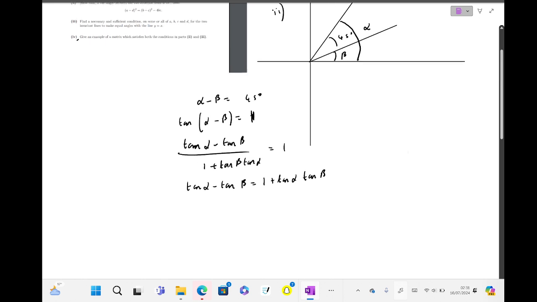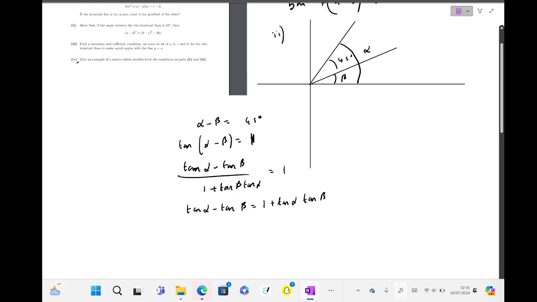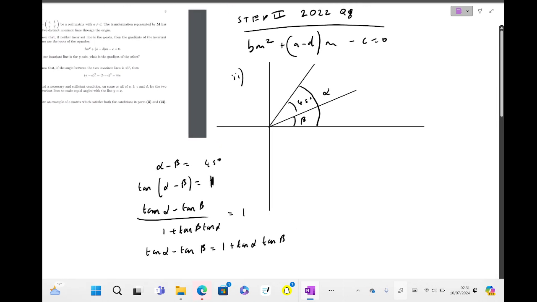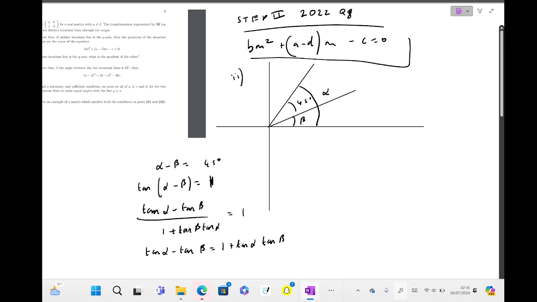Great. But we also know that the tangent of alpha and the tangent of beta are the gradients, m1 and m2 respectively, and we can get m1 and m2 by considering the roots of this equation up here. And how do we do that?